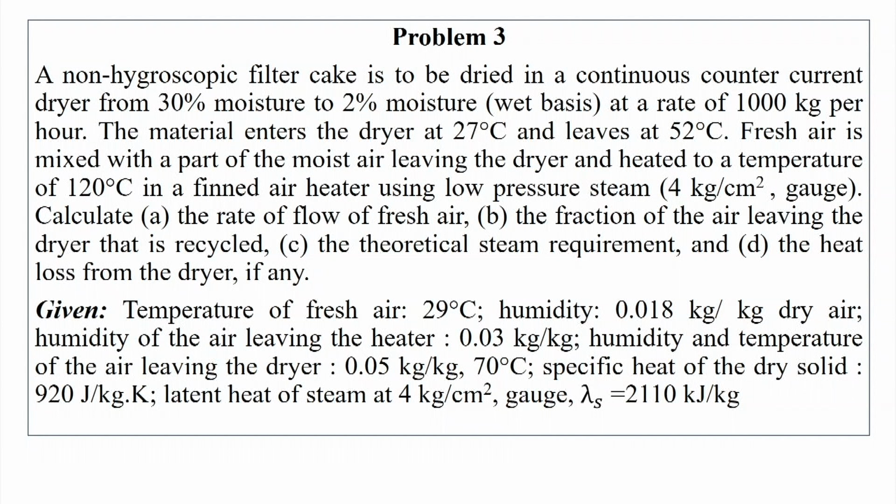It is simply a counter current dryer and a continuous one. Okay. So, first of all we need to draw the diagram. We take the basis as 1 hour, for simplicity, and we need to draw the total flow sheet diagram for this problem.